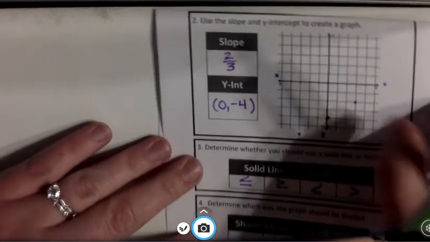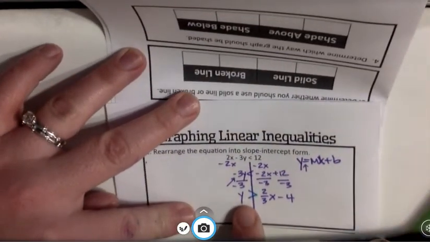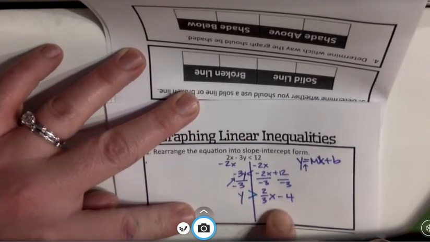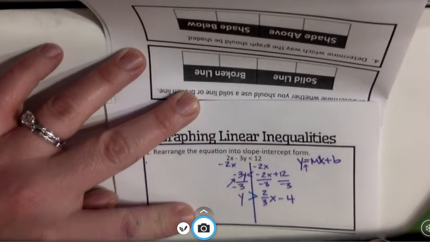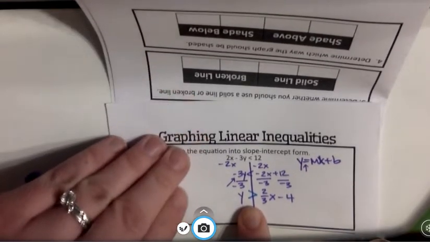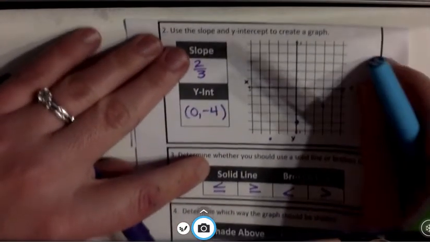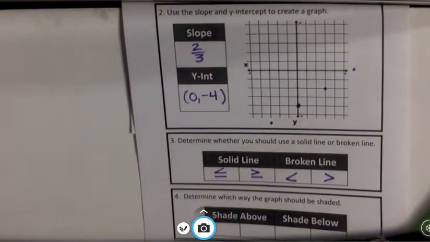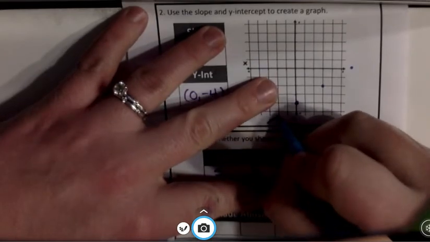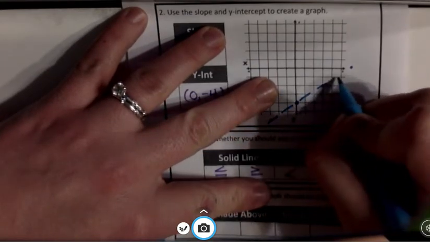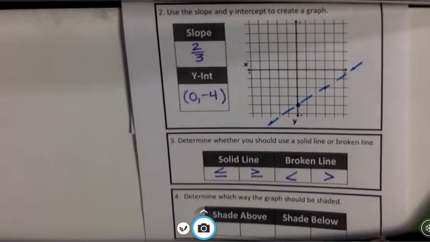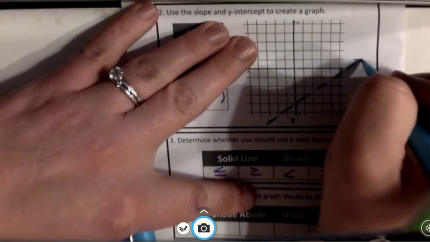In this case, our graph is a graph of y is greater than 2/3 x minus 4. So we have a dashed line or a broken line. So I am going to now draw a broken line. Notice it's a dashed line. Cool? Cool.